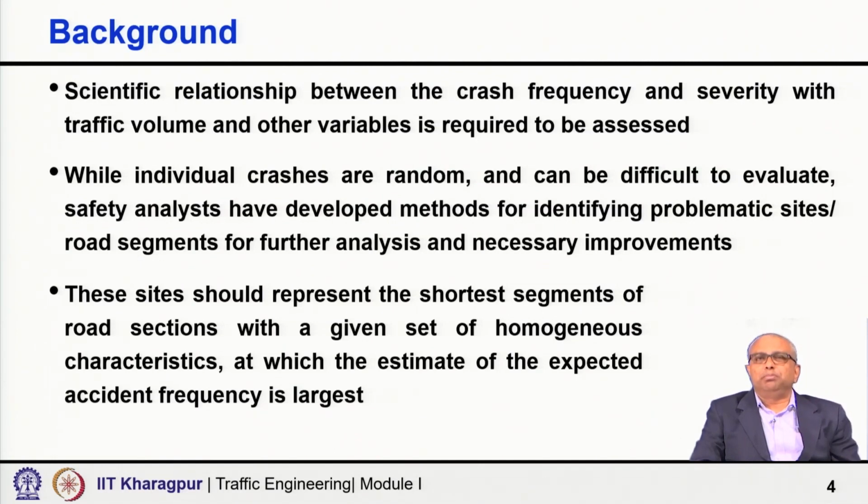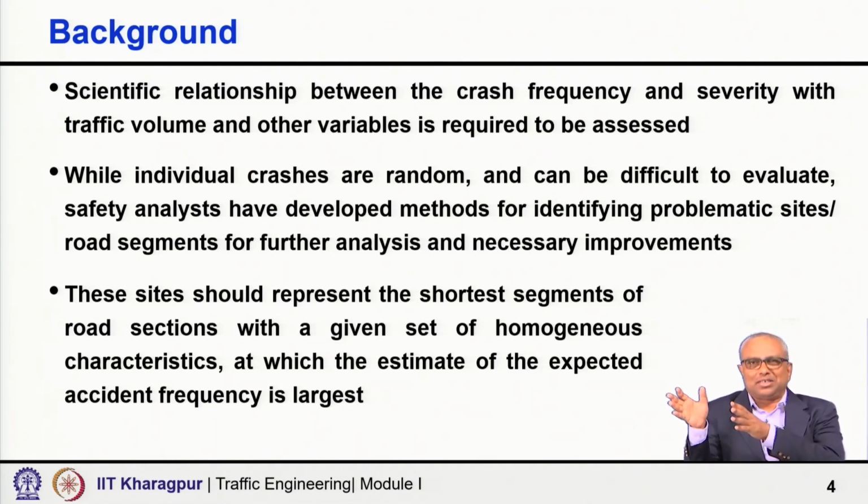There is a scientific relationship between the crash frequency and severity, that is, the number of crashes, or the severity, how many are fatal crashes, how many are major injury crashes and so on, on one side, and the traffic volume and other variables on the other side.